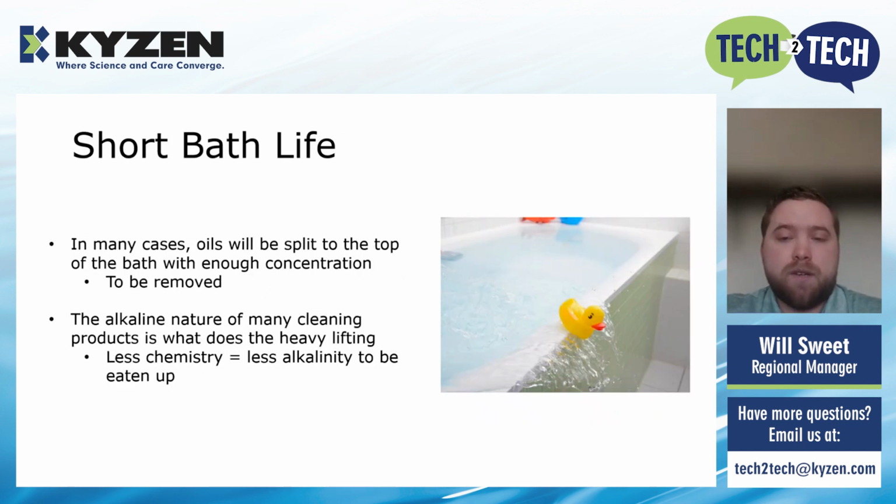Short bath life is also something that can happen if you don't have enough chemistry in the bath. In many cases, especially when chemicals are involved, oils will be split to the top of the bath with enough concentration. So again, you're removing oils off the part, but those oils that you're removing are going into the bath afterwards. And with most of these aqueous processes, it is alkaline based, so higher on the pH scale products.